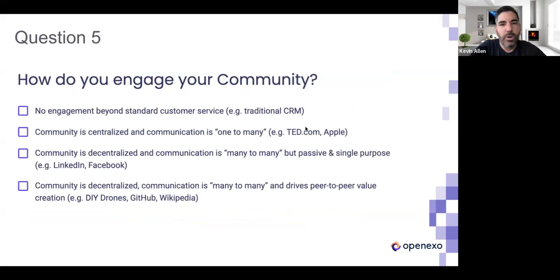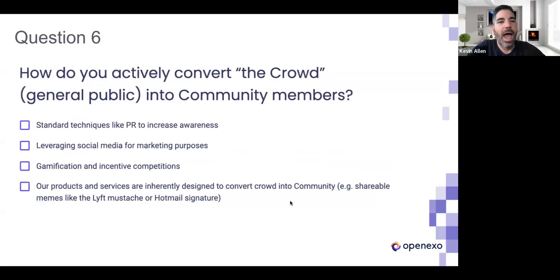So we then have question 5 around how do you engage with your community. So this is also, again, talking to the community and crowd attributes. And if anyone does have any questions, by the way, as I'm going through this, please do just get your voice heard.